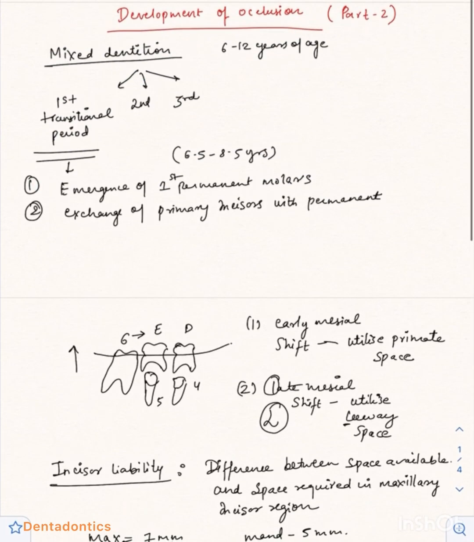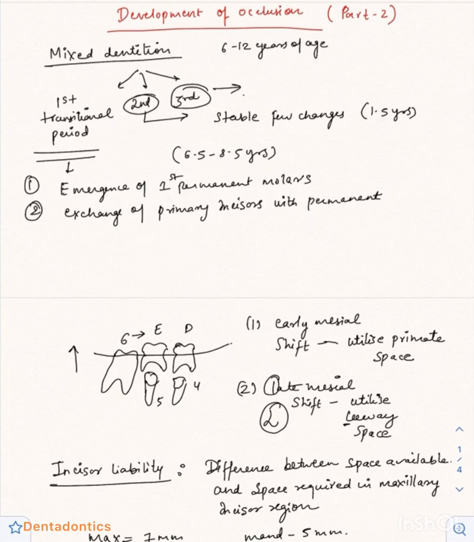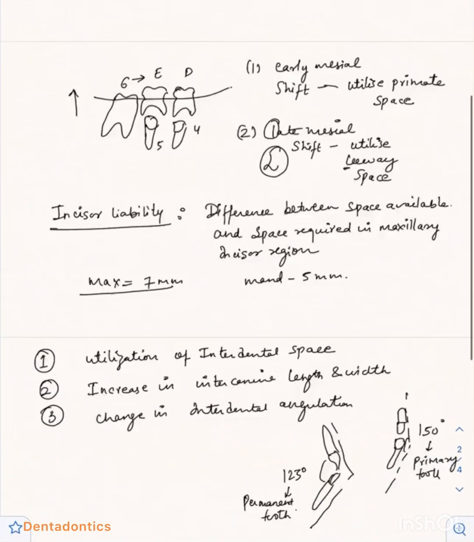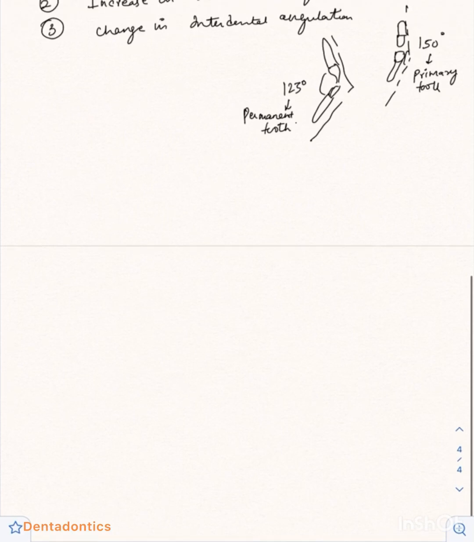Now coming to the second transitional period, in which there are only few changes occur and it is stable and it occurs for 1.5 years. Now coming to the third transitional period, where the major changes occur, it occurs in 9 to 11 years of age.